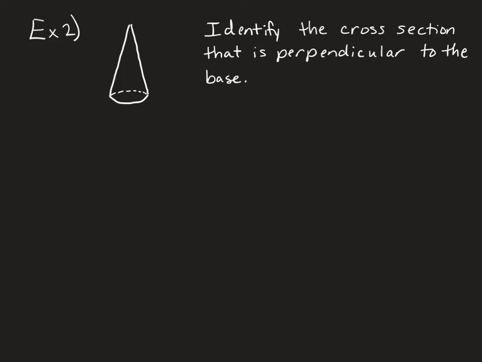We want to identify the cross section that is perpendicular to the base. When you see perpendicular, that means that it is not the base. So our base is a circle. The direction that's perpendicular to it is the one that's not the circle. So it's going to be going across.